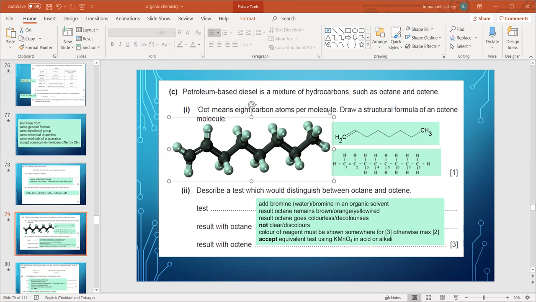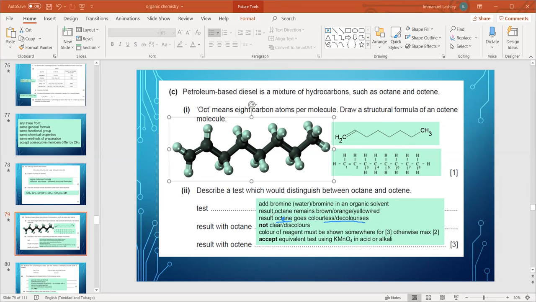However, the octene goes from the brown yellow color to colorless. So this here should be octene. It decolorizes. And that helps us to distinguish between an alkane and an alkene.